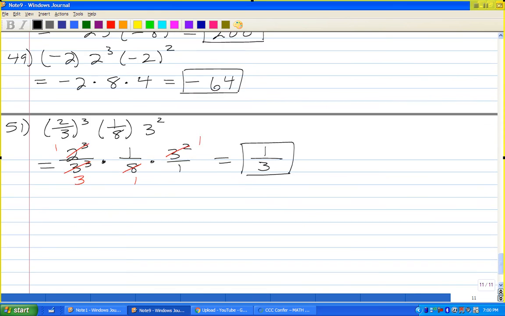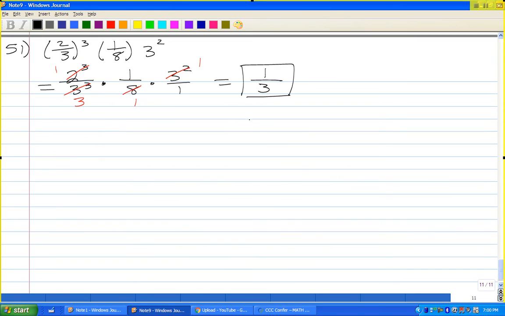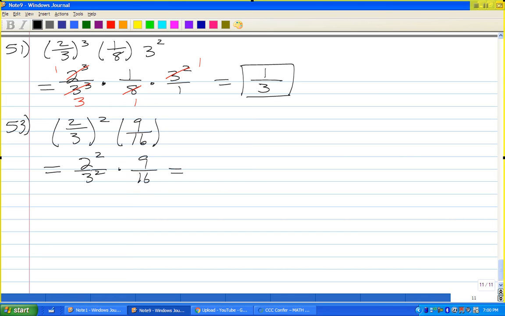Problem 53. Two-thirds squared times 9 over 16. 2 squared over 3 squared times 9 over 16. 2 squared is 4. 3 squared is 9.